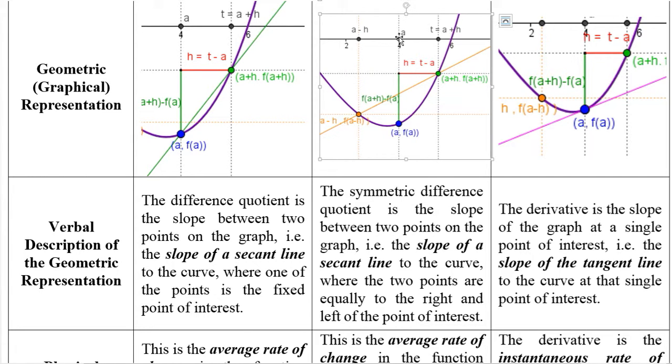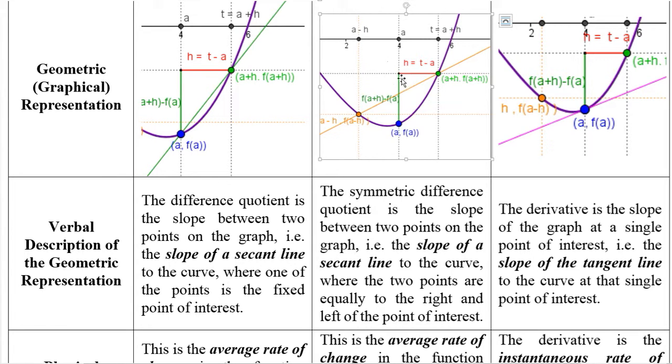So we have an x value of a, and then x values on both sides, a plus h and a minus h. Find the corresponding y's, f of a minus h and f of a plus h, and that basically defines 2 points, a minus h, comma f of a minus h, and a plus h, comma f of a plus h. Use those 2 points and find the slope of that orange secant line. And that gives you the symmetric difference quotient.